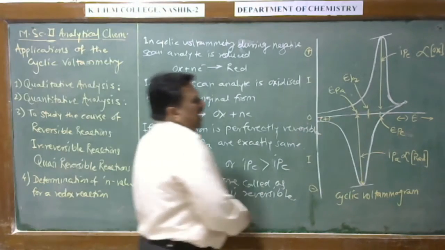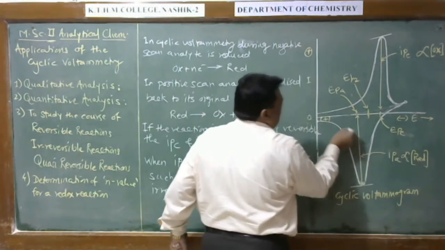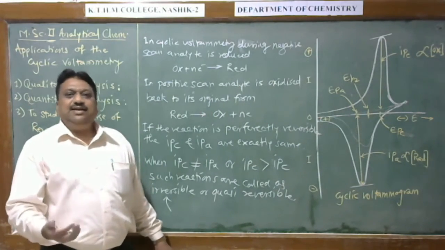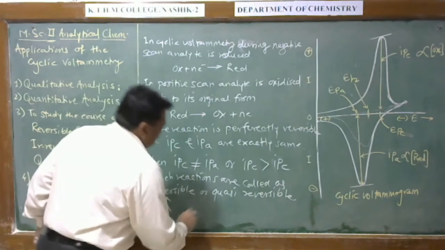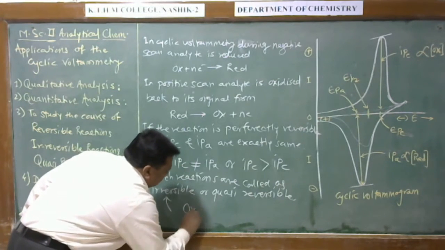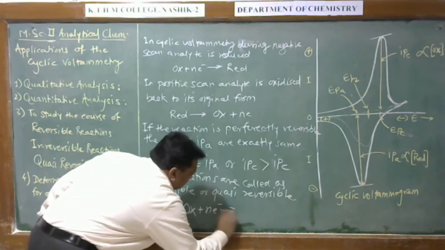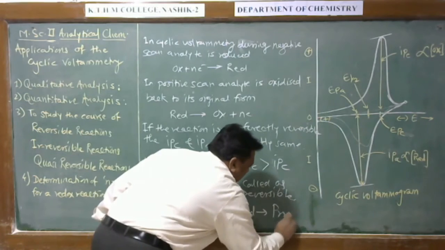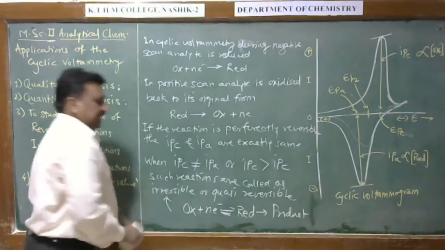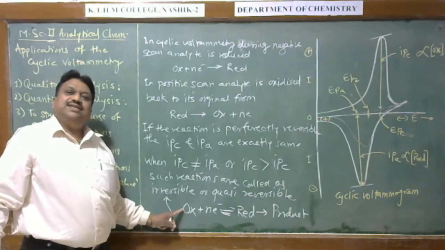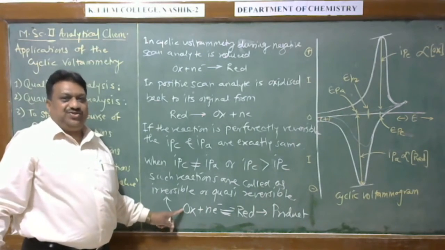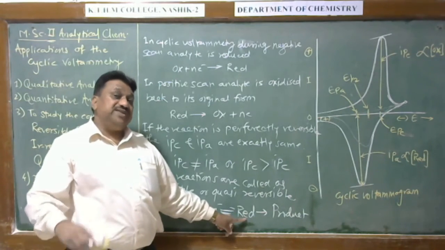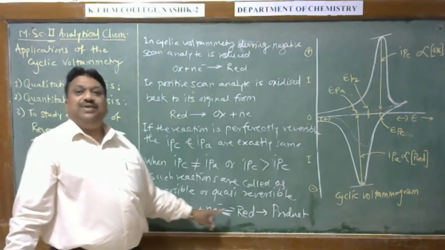But when we have a cyclic voltammogram with a smaller amount of current in the second scan, that indicates some of the product is converted into reactant. That is OX plus Ne converted to RED, and RED is converted into another product which is not reactive at the working electrode. Such reactions are said to be quasi-reversible reactions, observed as reversible but not perfectly reversible.